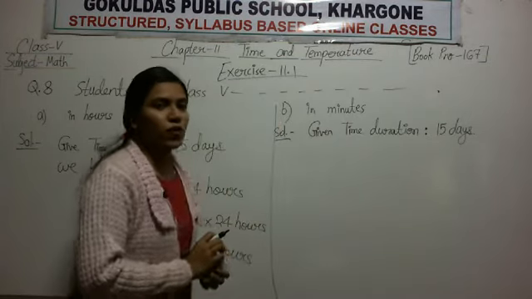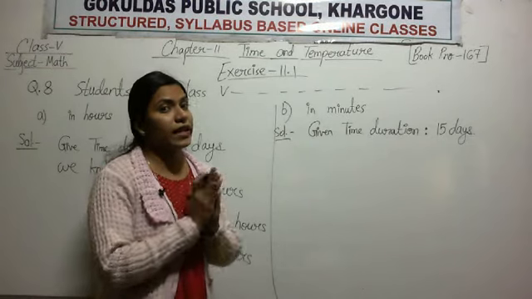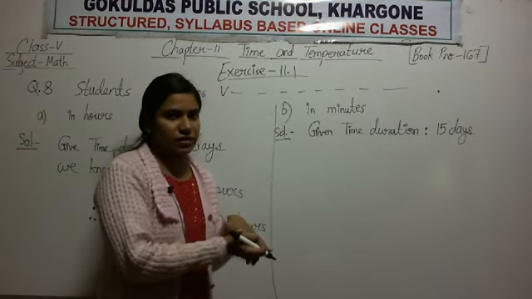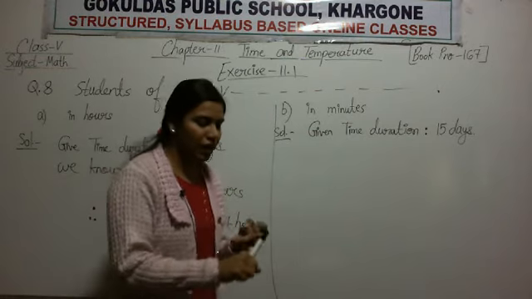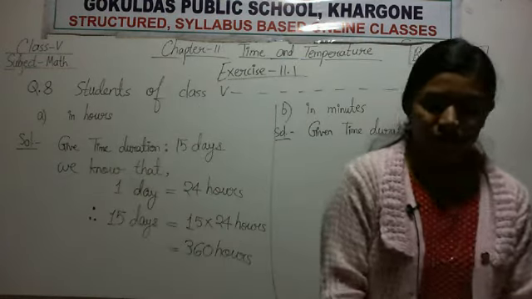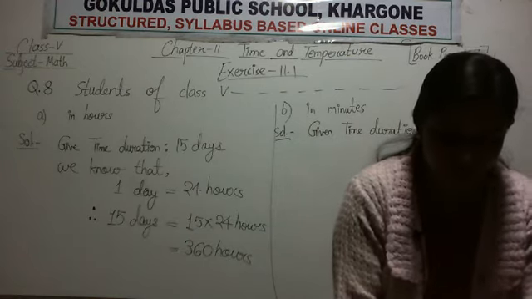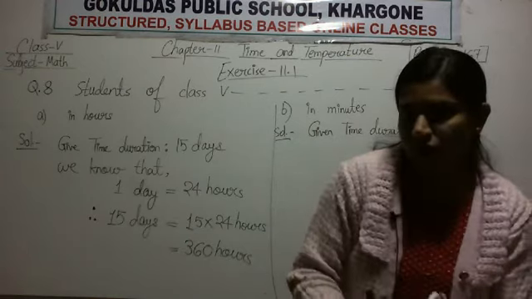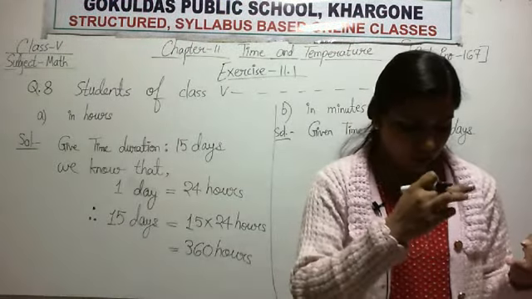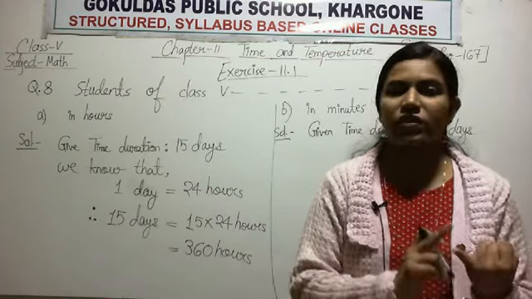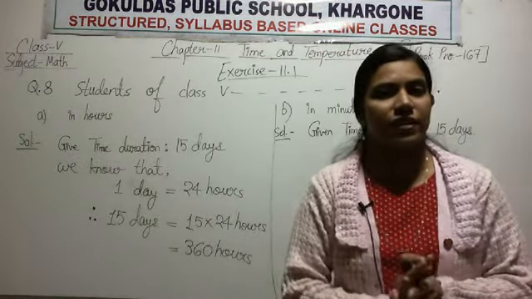Now observe here, we want to convert into minutes, but there is no direct way to convert days into minutes. To convert, we have the hints for converting. If you remember, we have 3 hints. We can convert days into hours, we can convert hours into minutes, and we can convert minutes into seconds directly.